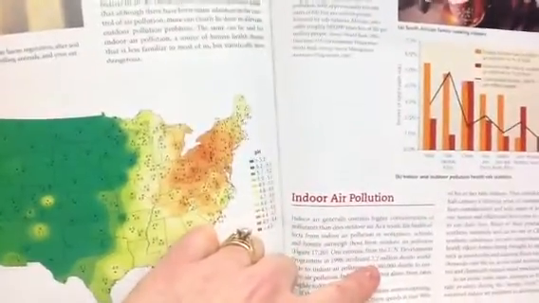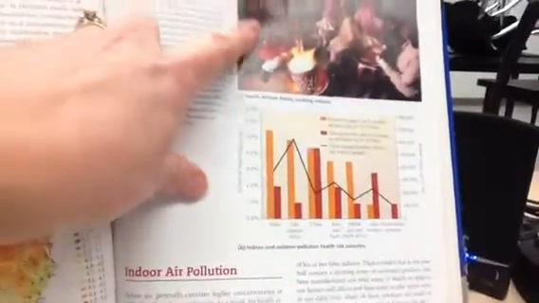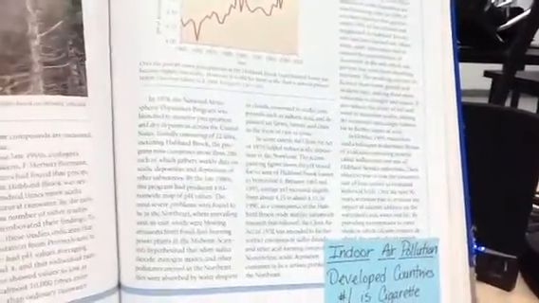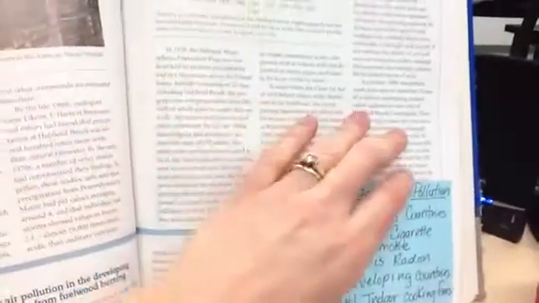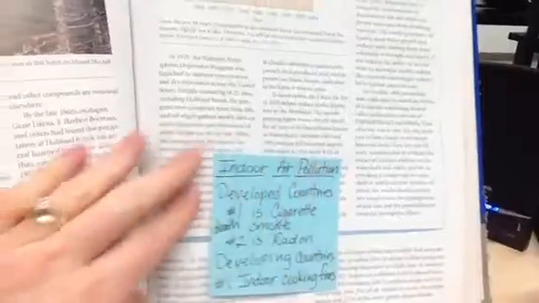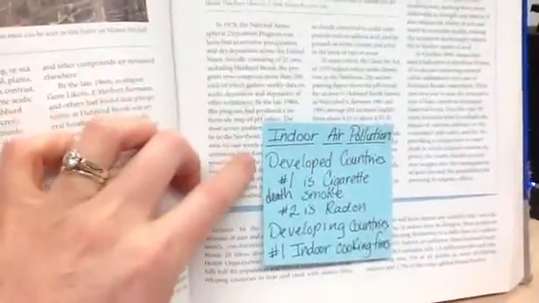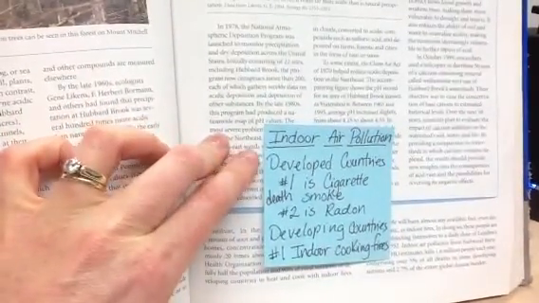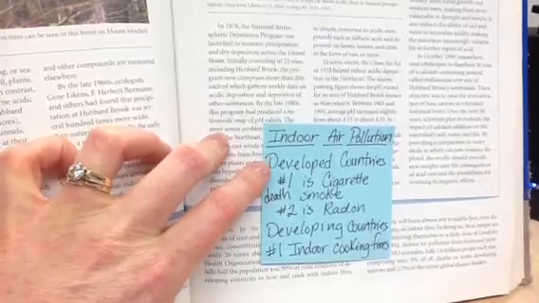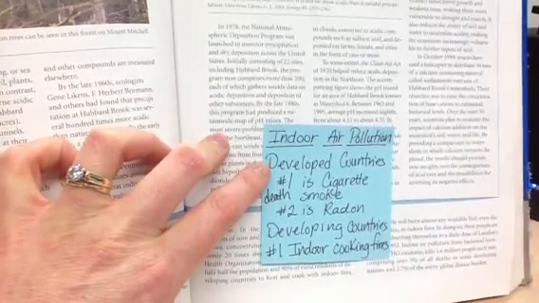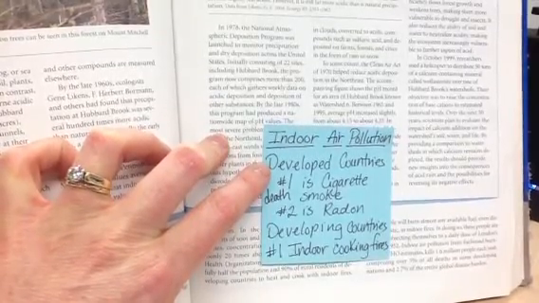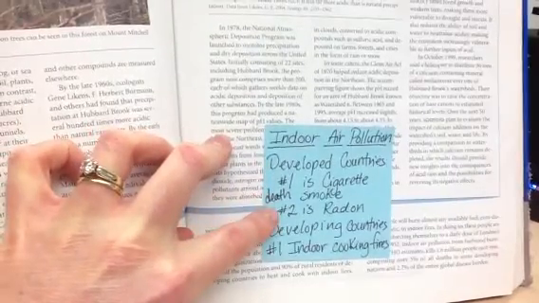Indoor air pollution is also a problem. You can see in South Africa, families cooking indoors. All right, so page 521. Indoor air pollution. All right, the number one cause of death from indoor air pollution in developed countries like the United States is cigarette smoke. Number two is radon.